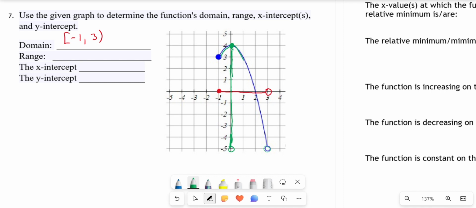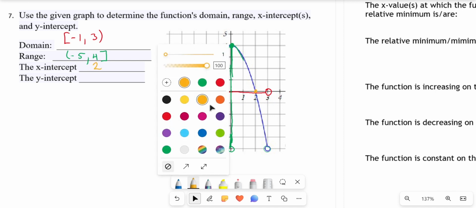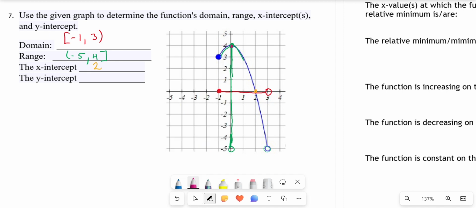So that's going to be from -5 up to 4 inclusively. What is the x-intercept? The x-intercept is where it hits the x-axis at 2. What is the y-intercept? The y-intercept is where it hits the y-axis at 4.